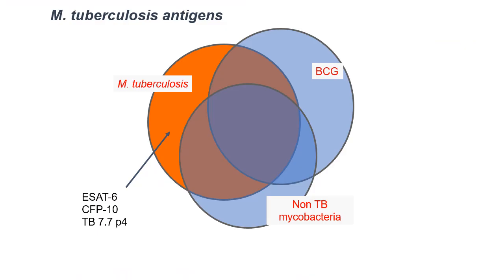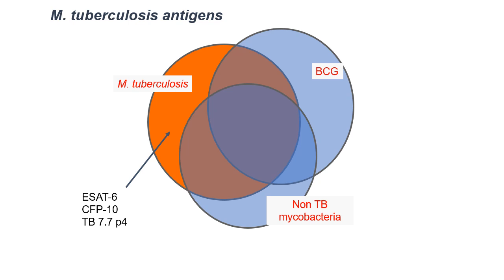Mycobacterium tuberculosis shares antigens with different strains of non-tuberculous mycobacteria, and also with the BCG strain of Mycobacterium bovis that is used in the BCG vaccine against tuberculosis. And because of that, the Mantoux test, or the tuberculin skin test, cross-reacts with prior BCG vaccination and also with a lot of non-tuberculous mycobacteria.